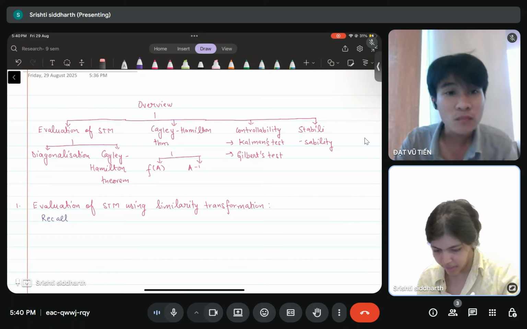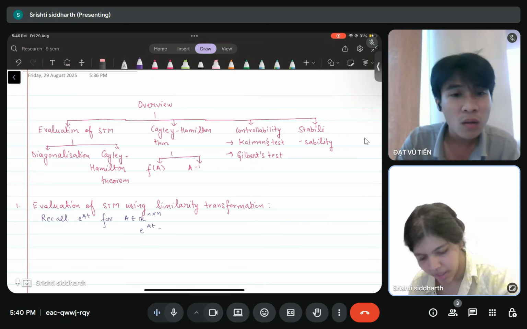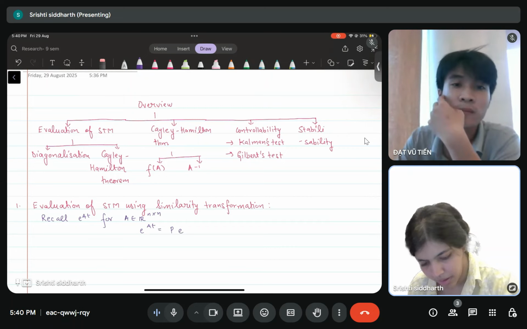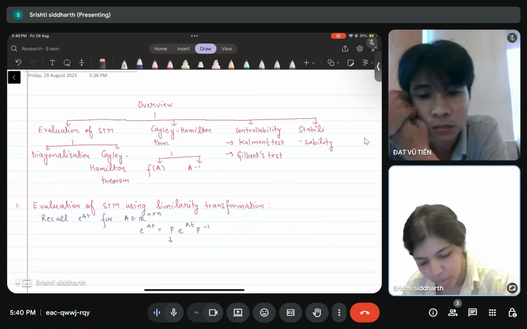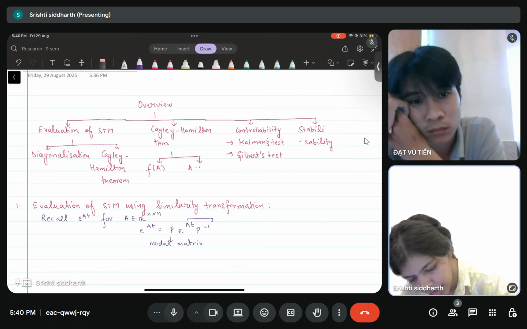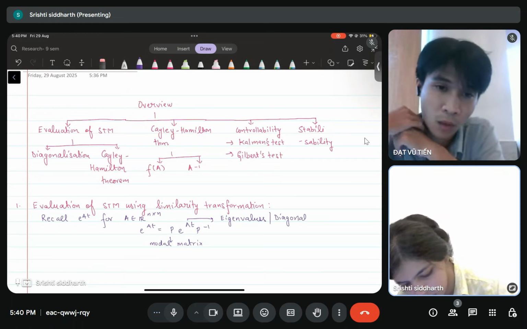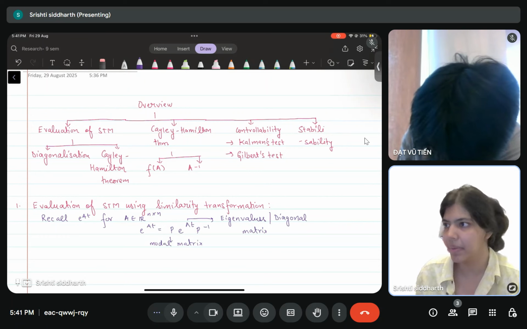Recall that e to the power At for some square matrix A is given by e to the power At equals P e to the power Lambda t P inverse, where P is M or the modal matrix, and Lambda is the eigenvalues matrix, or the diagonal matrix, or a normal form if the eigenvalues are repeating.